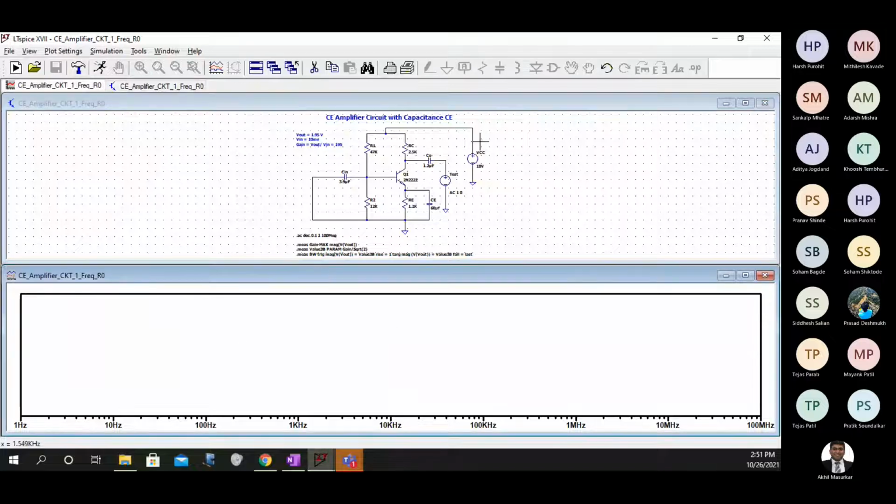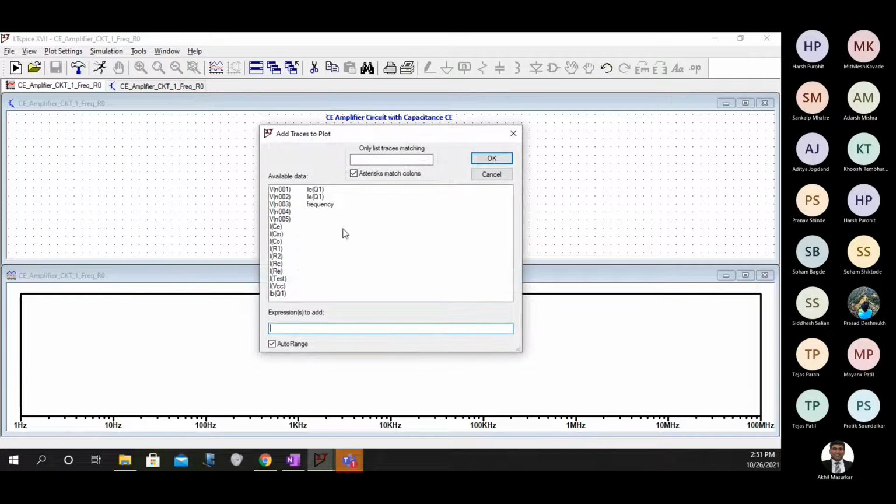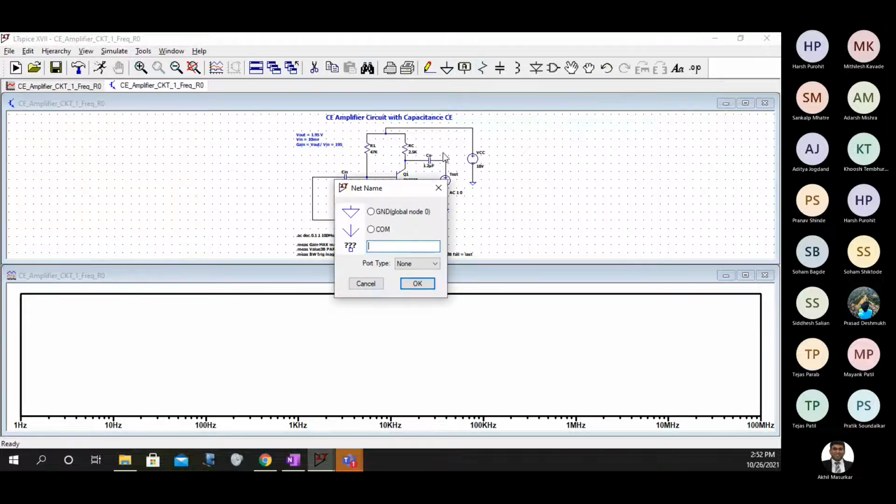So we can add trace here and very well we can write Vout, or we can name this node test.